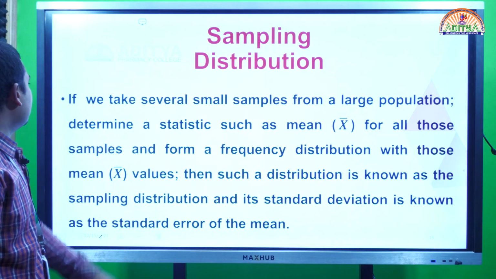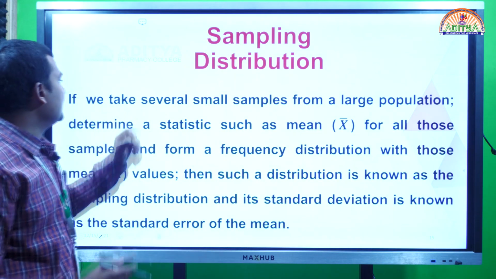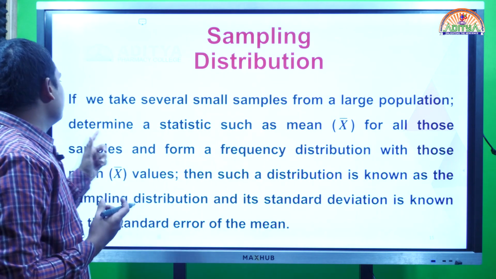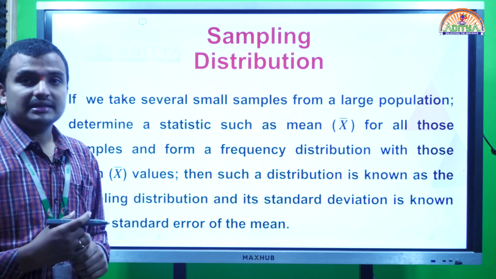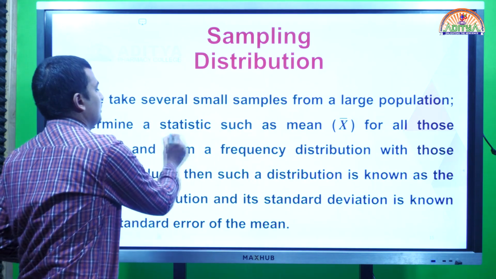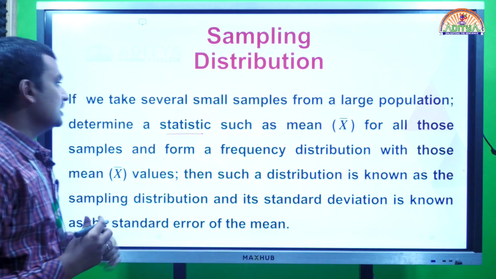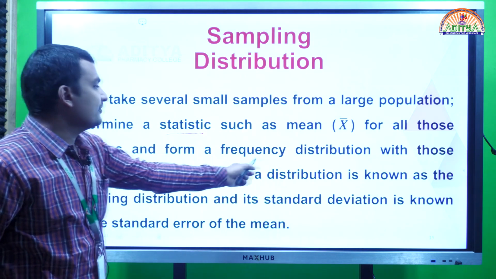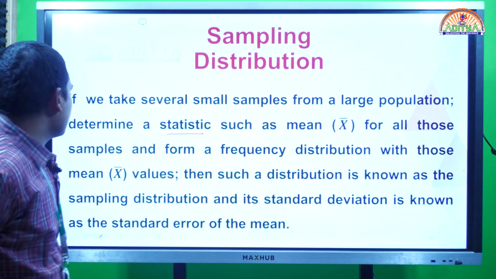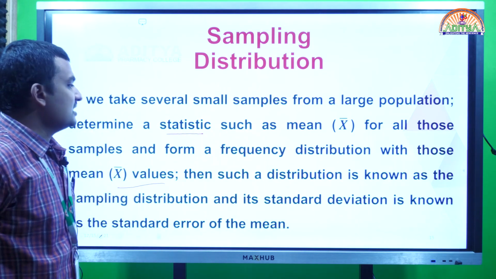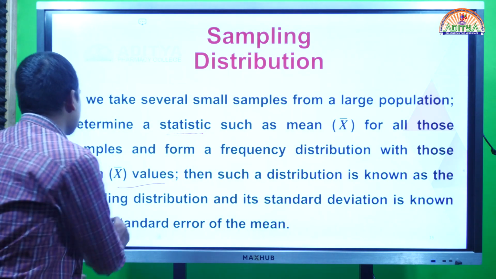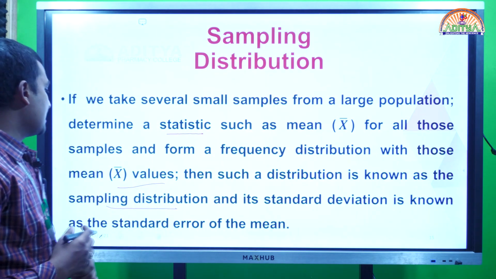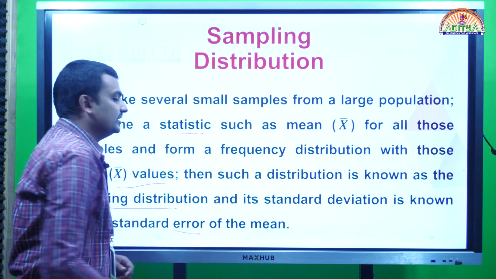So, sampling distribution. If we take several small samples from a larger population to determine the statistic or the sample characteristics such as the mean for all those samples, and form a frequency distribution with those mean values, then such a distribution is known as the sampling distribution, and its standard deviation is known as the standard error of the mean.